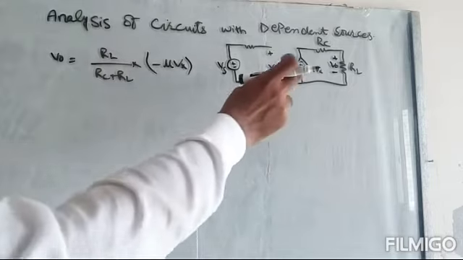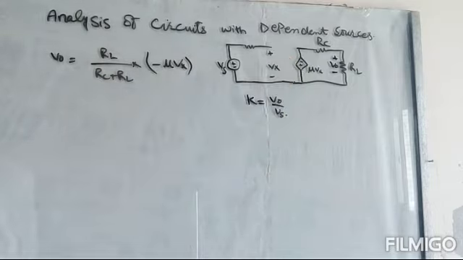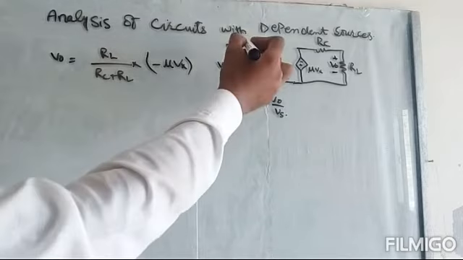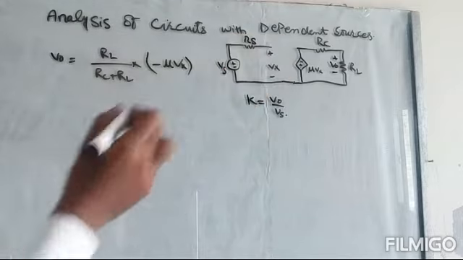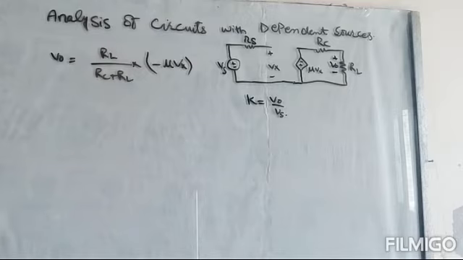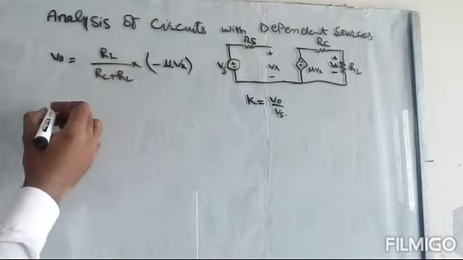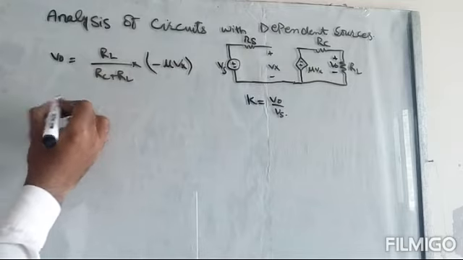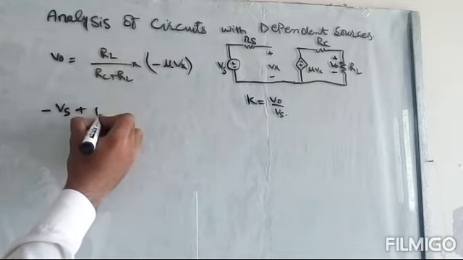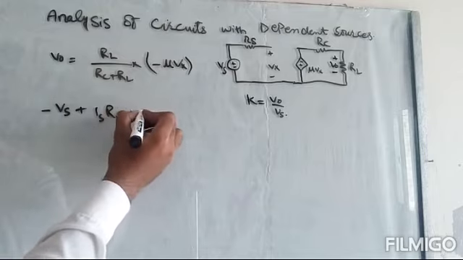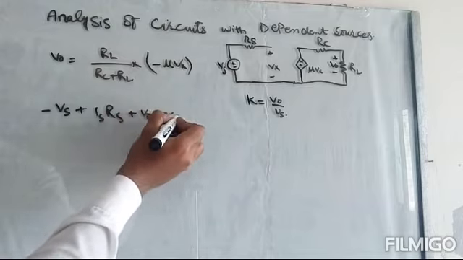Now we want to find the value of Vx. So this is Vs, this is Rs. We can write a KVL equation for this loop. So minus Vs plus Is Rs plus Vx is equal to 0.